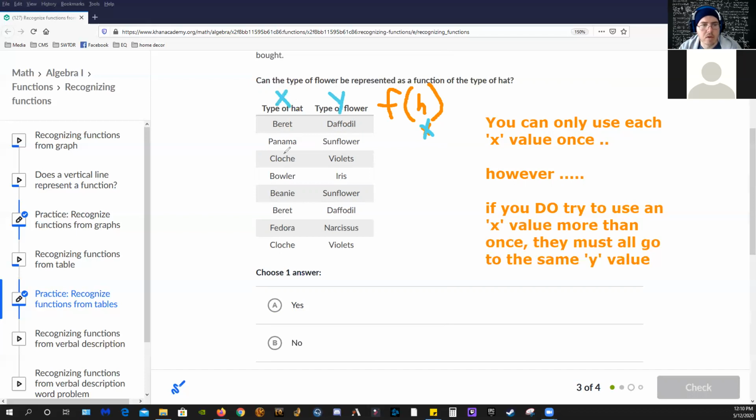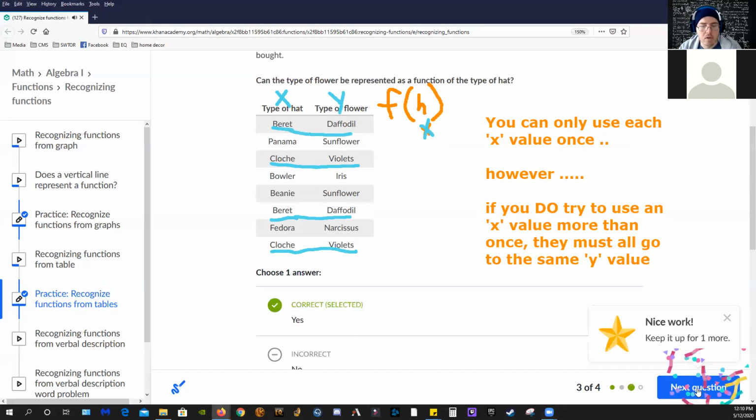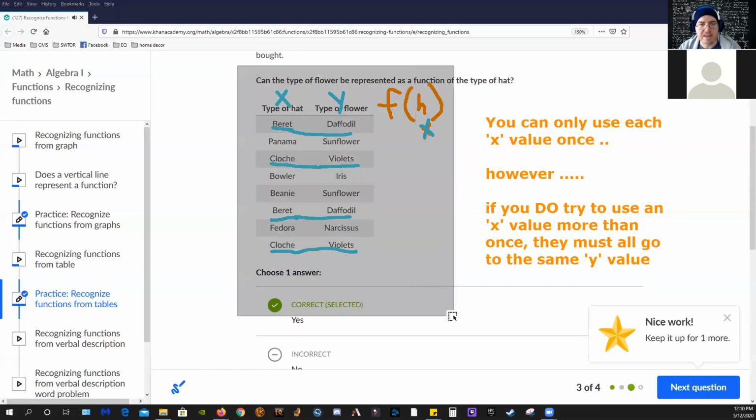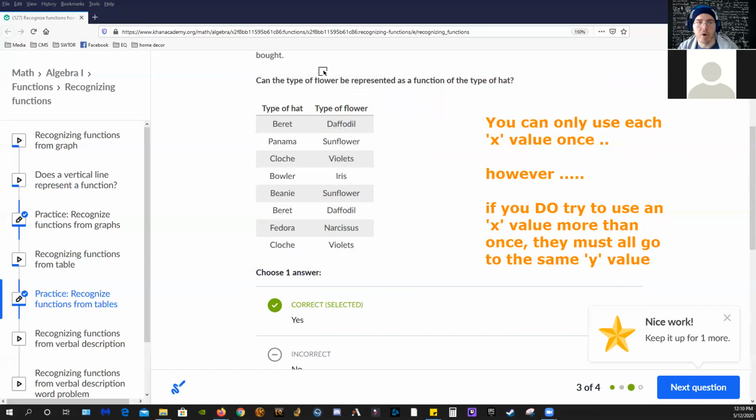Beret, Panama, cloche, bowler, beanie. Okay, hang on. Beret happens twice. Fedora, cloche, and cloche happens twice. All right, so cloche goes to violet both times. Beret goes to daffodil both times. Okay, so this is the same as the last one. They did overlap some x values, but since they go to the same output, the same y value, it's fine.